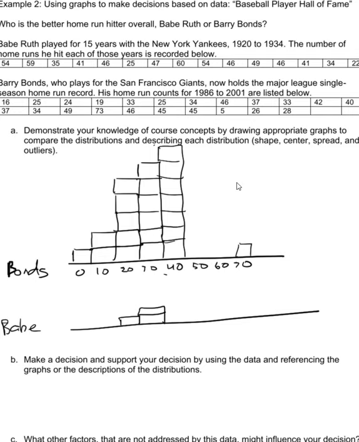He really does have 7 40s. Wow. And how many 50s does he have? So 1, 2, 3. 3 50s. So we just make 3 of those. And then how many 60s? Just 1 60, and that's it.